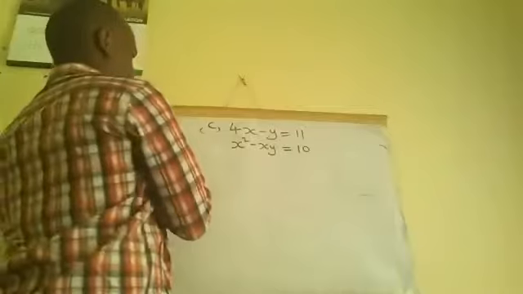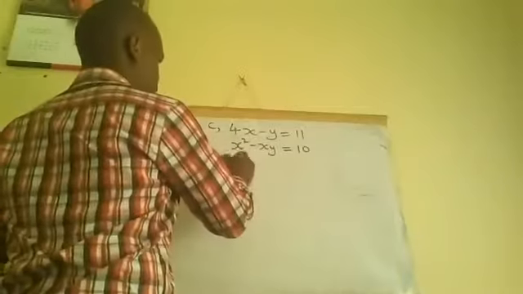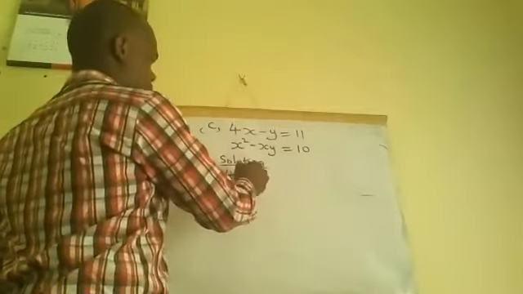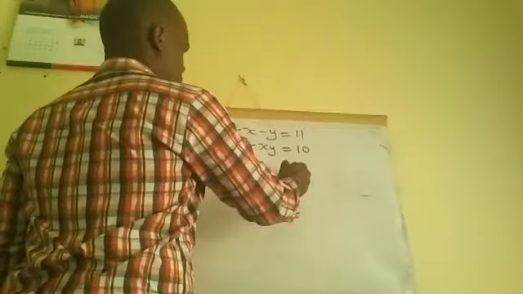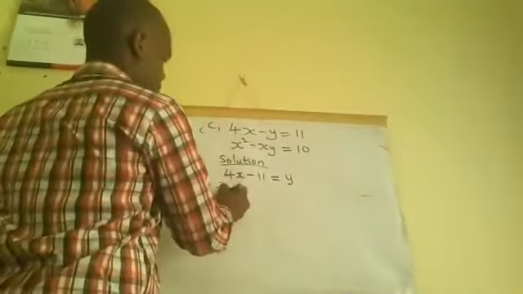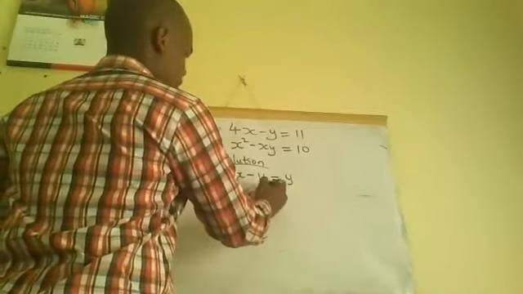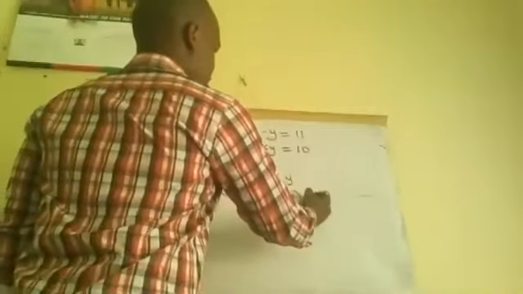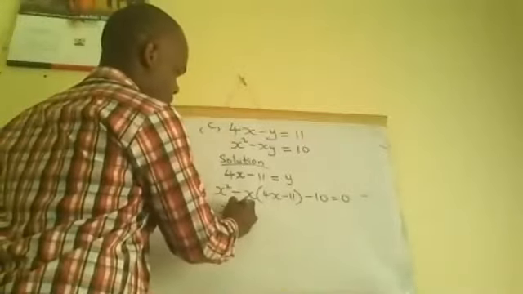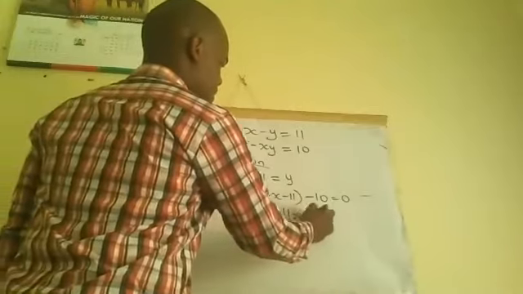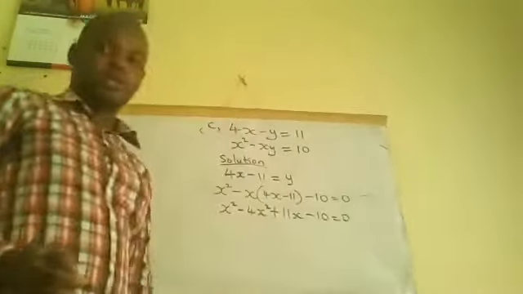So if you take the first equation, I'll be having 4x minus 11 will be the same as y. Then I substitute in the second equation x squared minus x into 4x minus 11, then minus 10 is equal to 0. So this is x squared minus 4x squared plus 11x minus 10 is equal to 0.